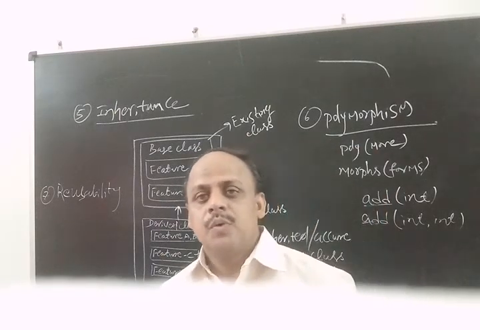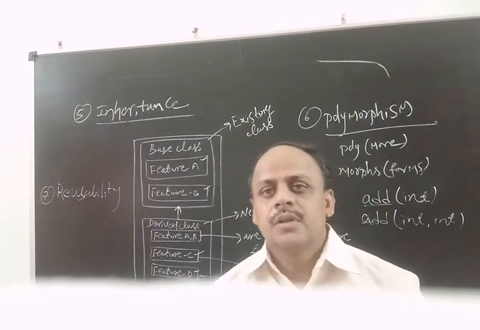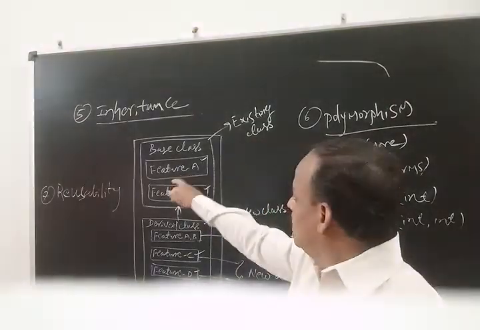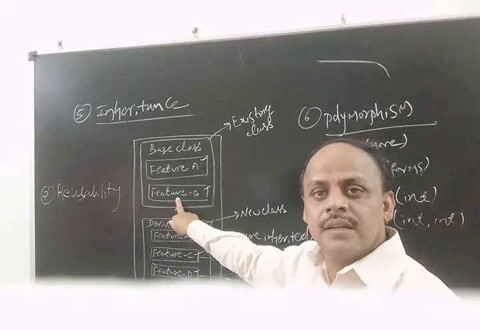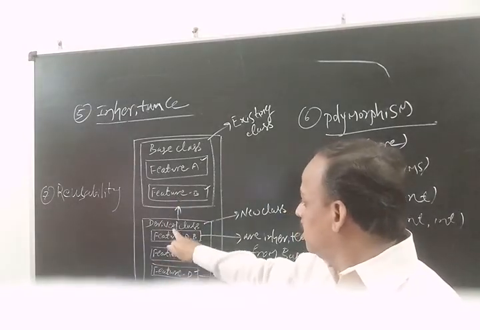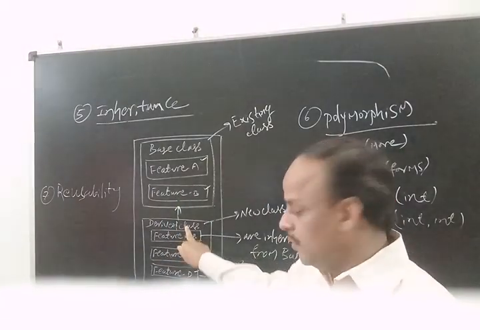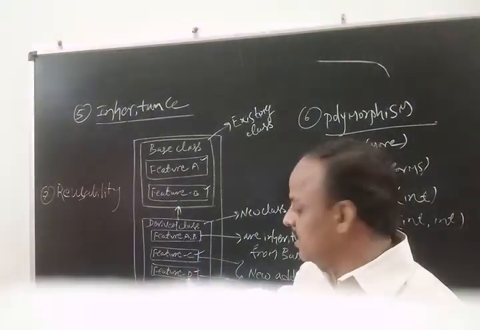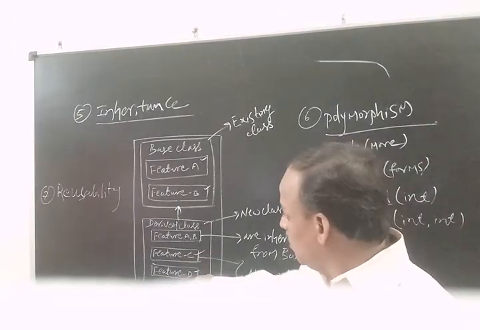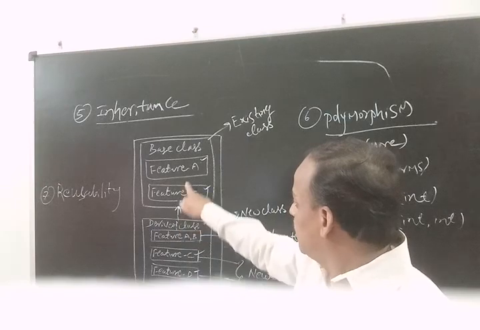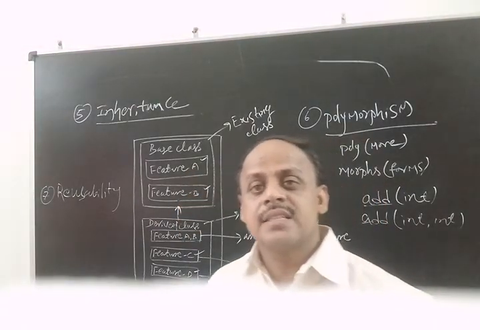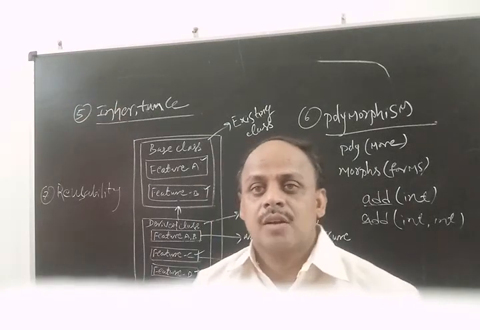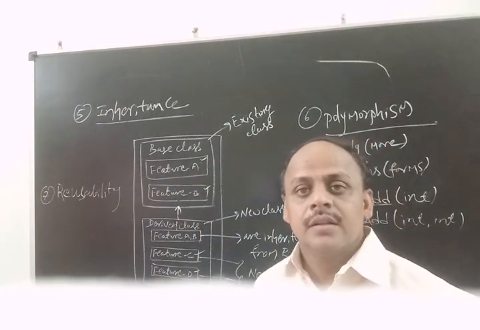Suppose in a program, in this class, feature A and feature B are there, and in the new class we have feature C and feature D. In the new class we need the same feature A and feature B, so it is not necessary to write the code for A and B once again.